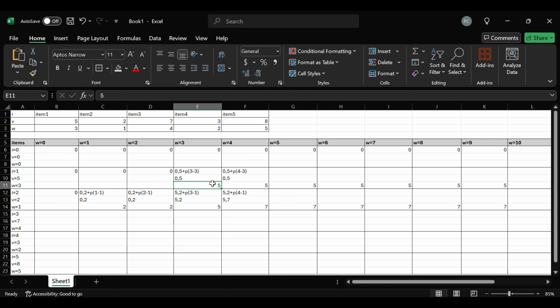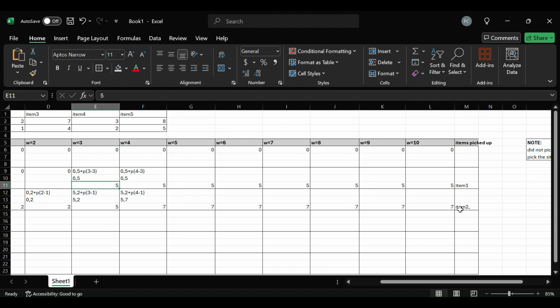So this was item 1, pick up item 1. So item 2 and item 1.